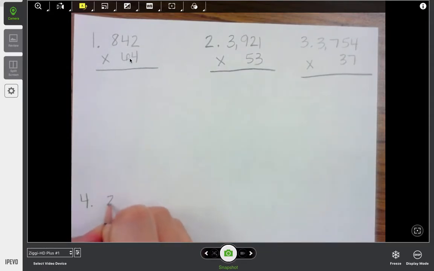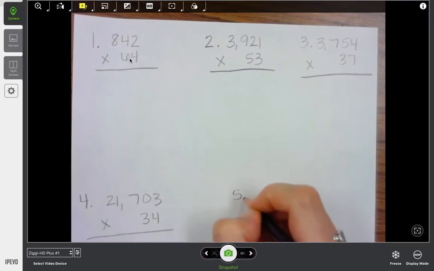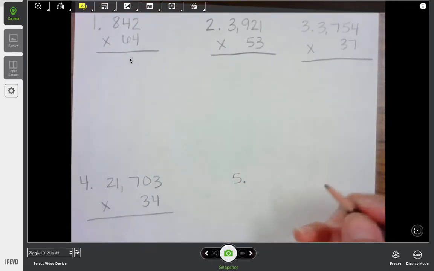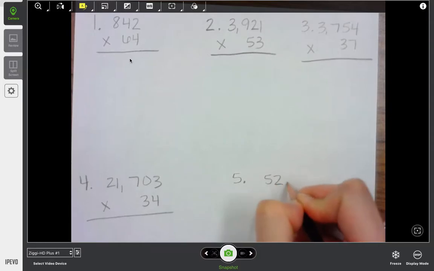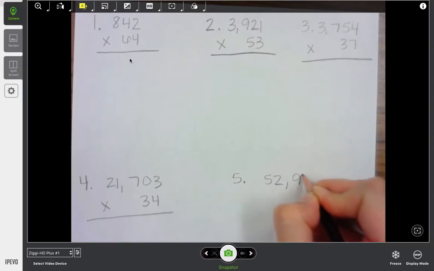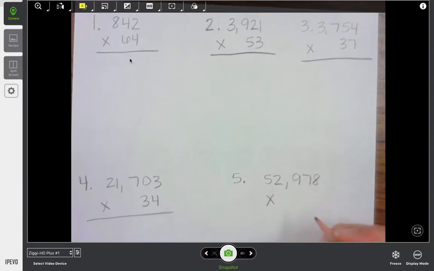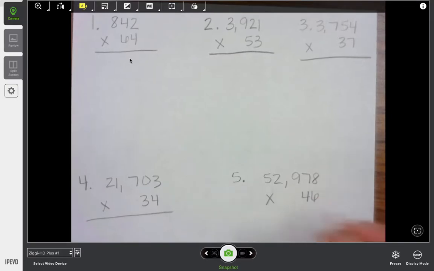I want you to do 21,703 times 34. And the last one, I want you to do 52,978 times 46. Okay, so work these out. You can do it either of the ways that I showed you, and tomorrow we will check.